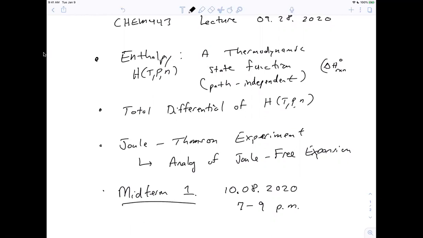So today I want to introduce that, and you'll see that enthalpy, just as we wrote the energy U as a function of temperature, volume, and the amount of substance present in the system, arises naturally as a function of the variables temperature and pressure. Often we like to use pressure when we work in experiments because temperature and pressure are very easy to control, and so it seems natural to have those as your variables.